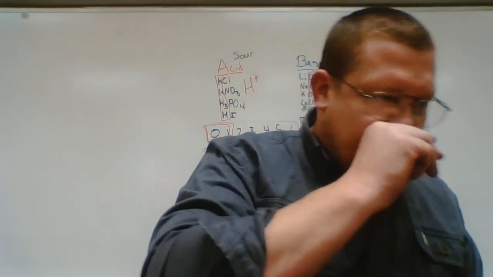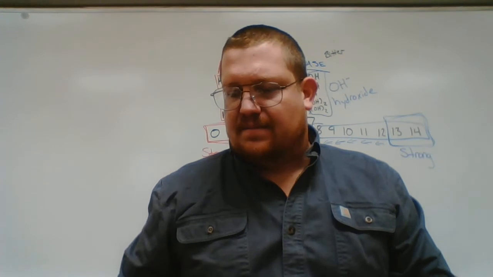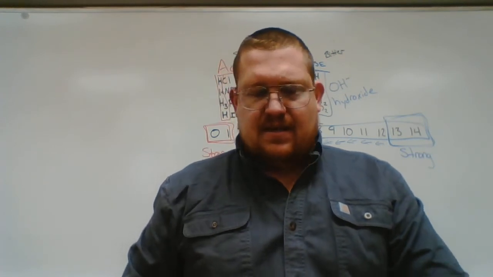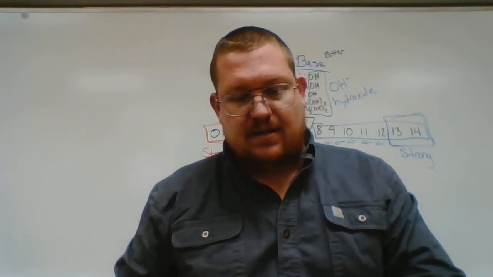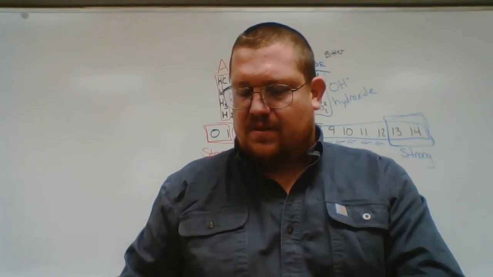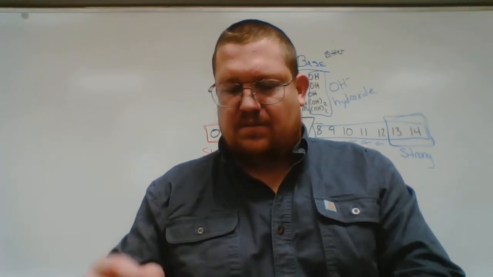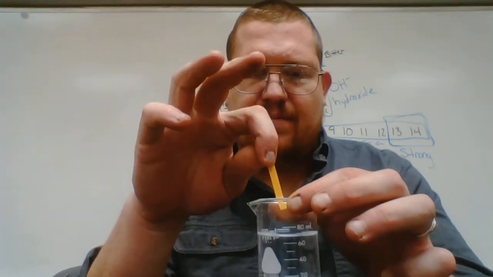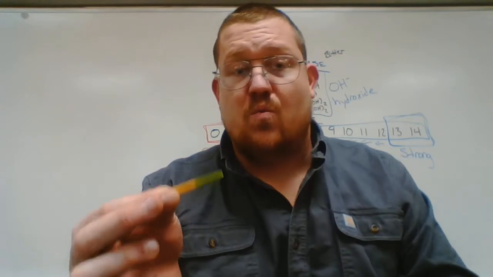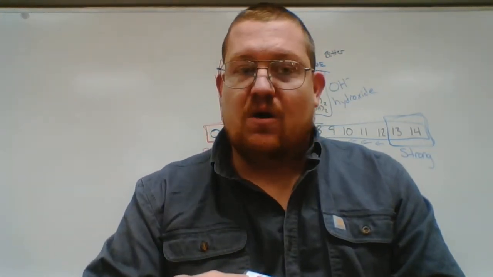All right, let's grab this. We're going to take the pH of this. This is baking soda and water. So, baking soda and water in. Oh, green. So this is not red or blue.